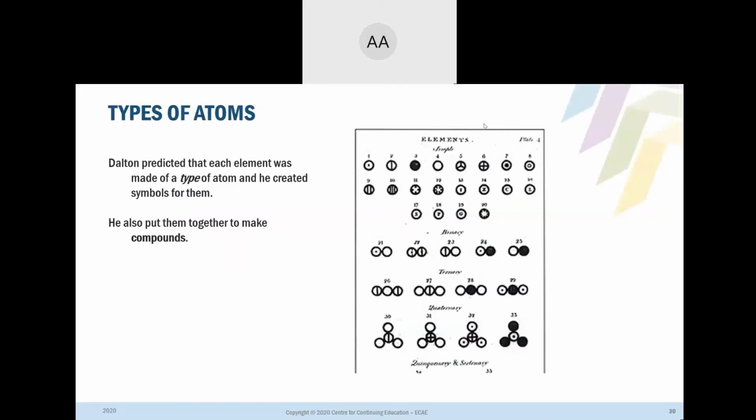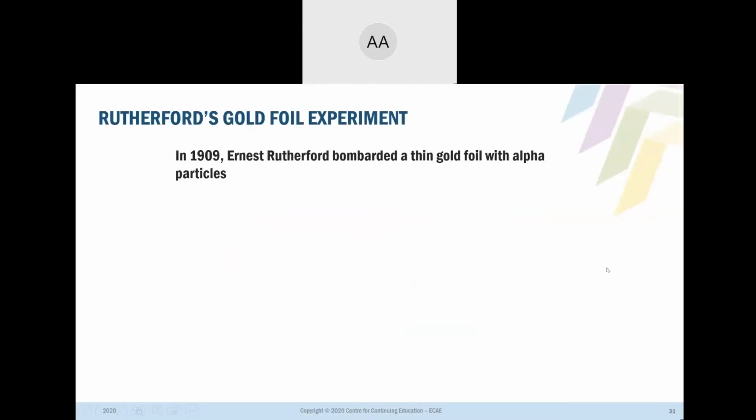So Dalton's ideas about the atom take us now nicely on to the next area of theory, Rutherford's gold foil experiment. So in 1909, Rutherford, along with some other quite famous scientists, started to look at something that we now know as the gold foil experiment.